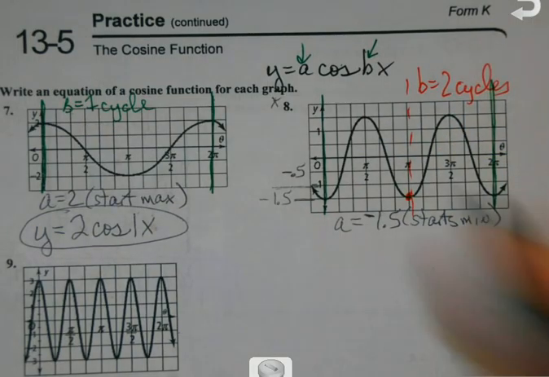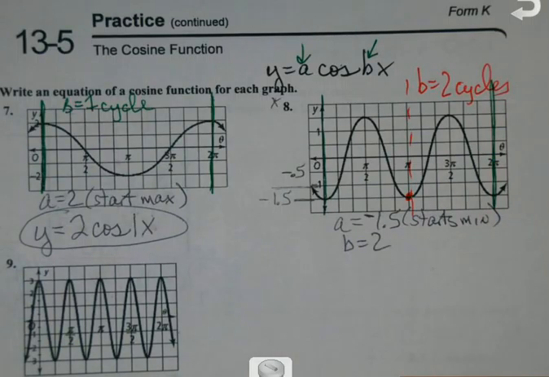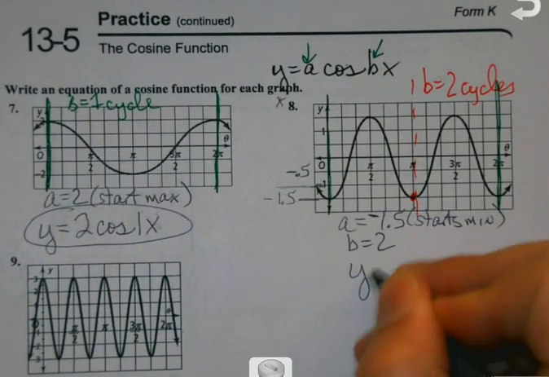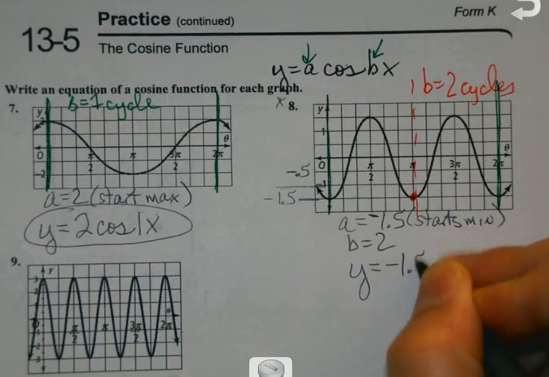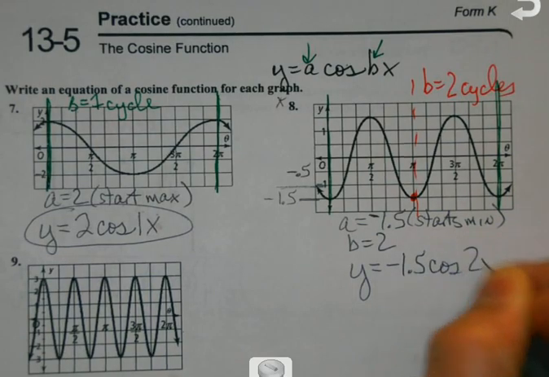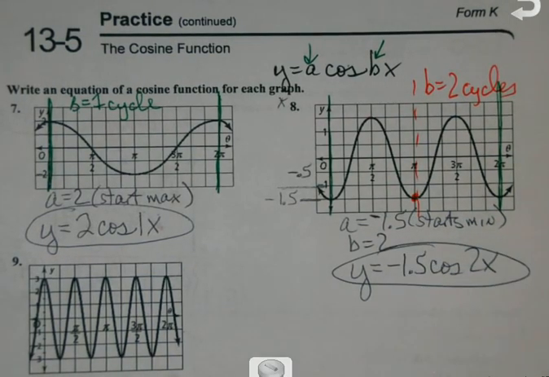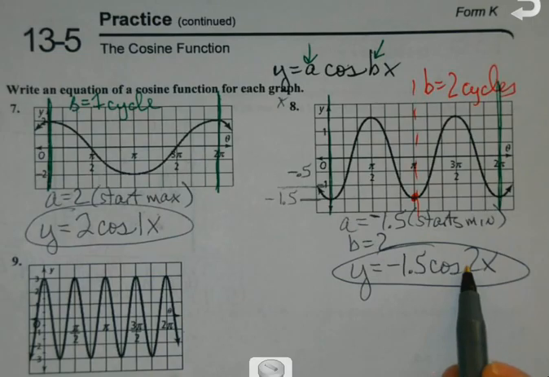So my b value is 2. And once I have that, y equals negative 1.5 cosine 2x. 2 cycles, starting at the minimum. Rolling, people, rolling.